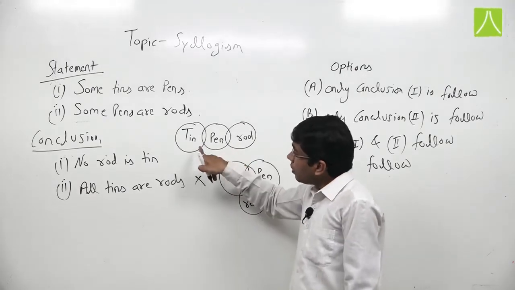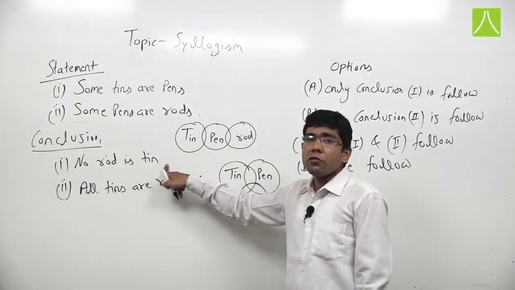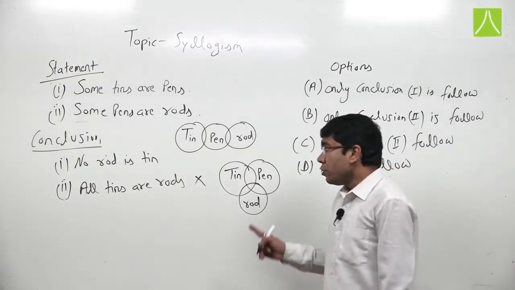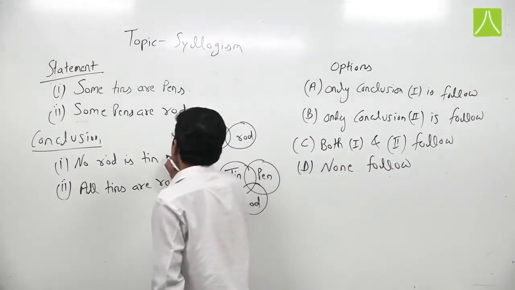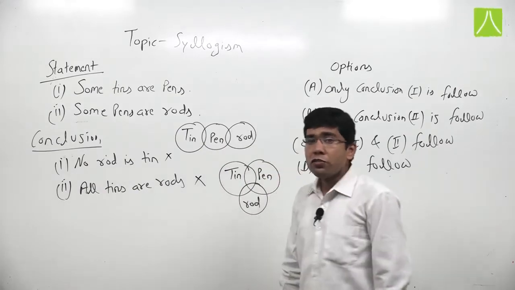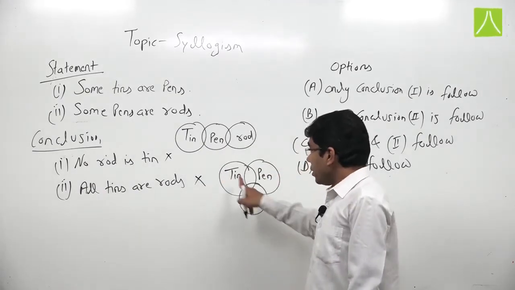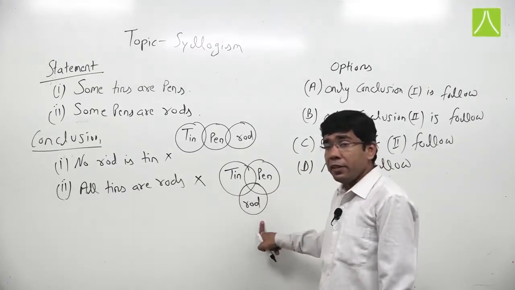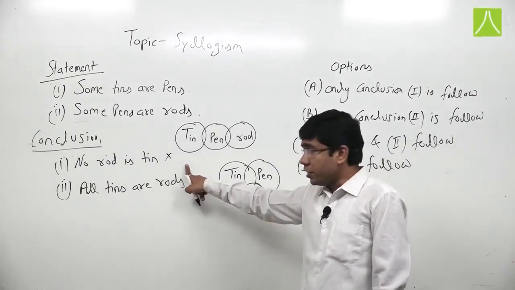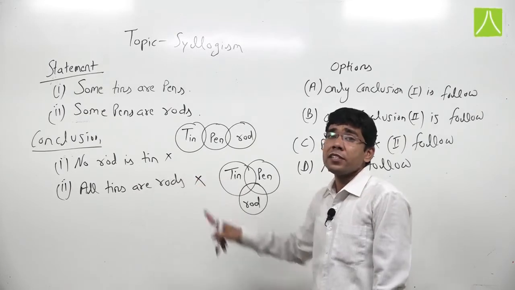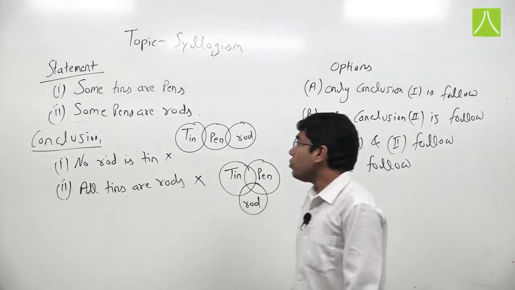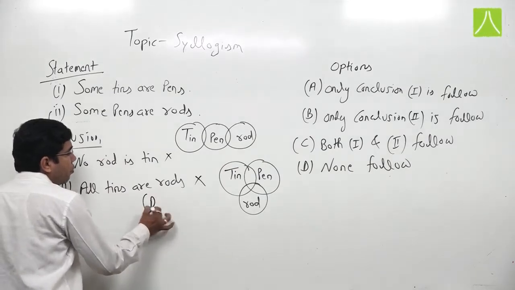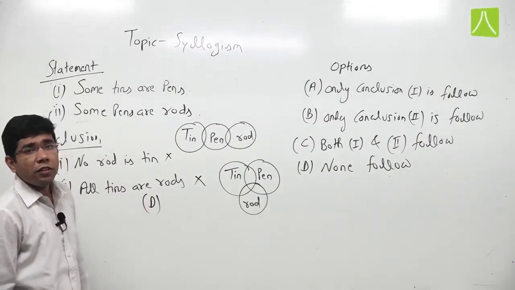By the basic diagram we can say this conclusion is correct. So there is no 100% surety. So conclusion 1 is also wrong, because tin and road can be connected, there is the possibility. So we cannot say that no road is tin is 100% correct. So for this question our answer should be option D, both conclusions do not follow.